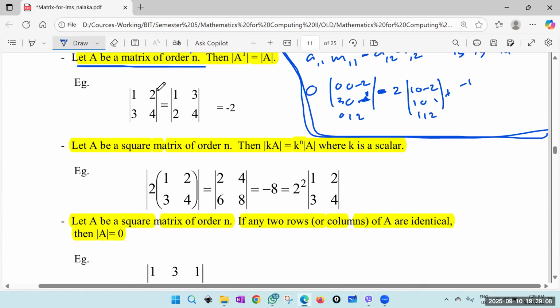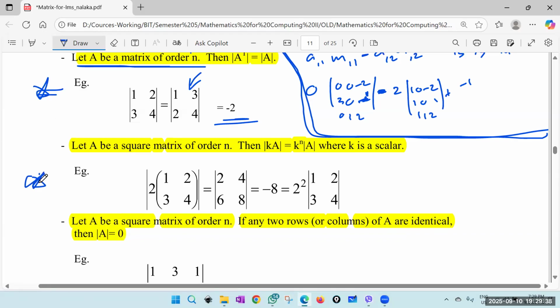This one is 4 minus 6, minus 2. This one is 4 minus 6, minus 2. Same answer. So that is an interesting property. It works for any square matrix, a 3 by 3, 4 by 4, whatever. So if you have a square matrix, its determinant is the same as its transpose matrix's determinant. So that is property number 1.